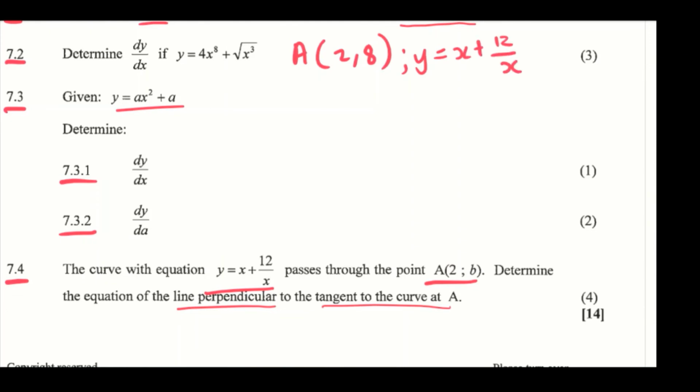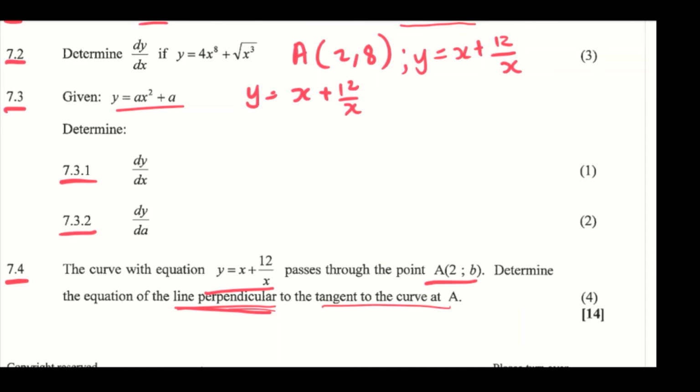So determine the equation of the line perpendicular to the tangent to the curve. So the tangent to the curve, we have the curve being equal to x plus 12 over x, right? So let's find the derivative of this curve. Why are we finding the derivative of this curve?